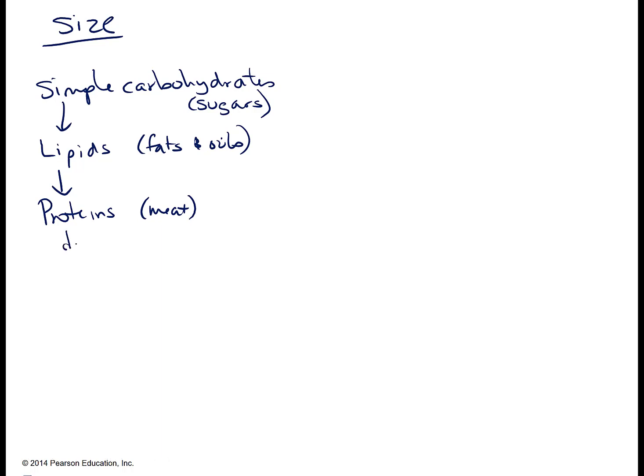From here, the only other big one we talked about, the one I said is huge, is what? It's not the simple carbohydrates, it's those complex, those polysaccharides, the starches, the fibers, huge molecules compared to these. One of the nucleic acids, RNA, is a little smaller than the complex carbohydrates.